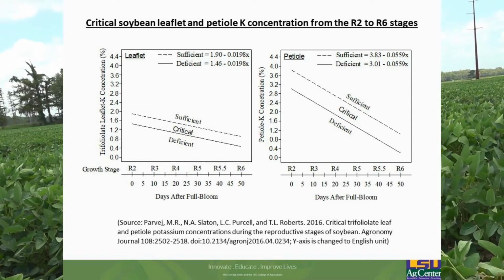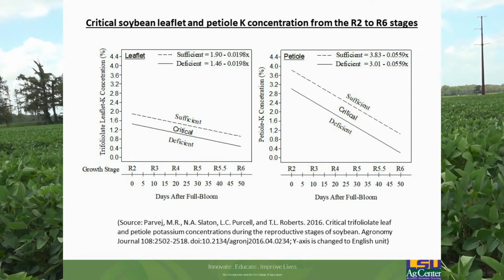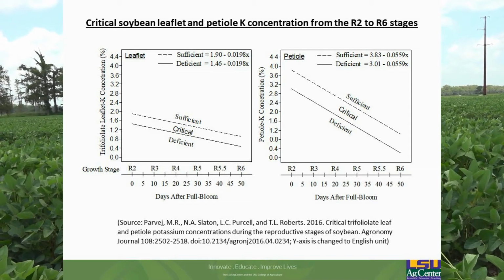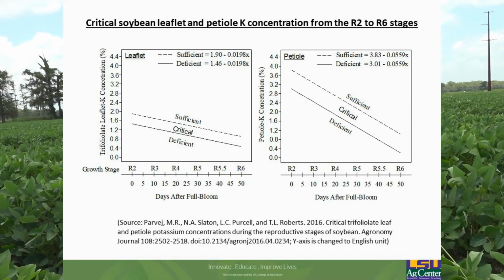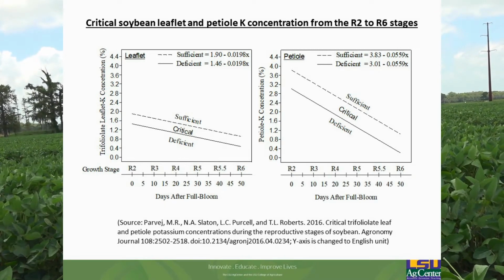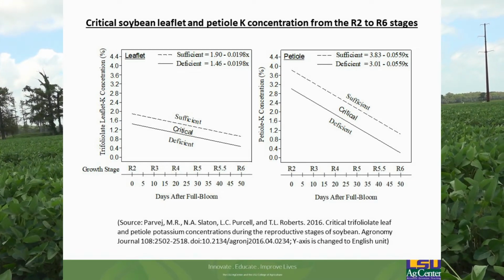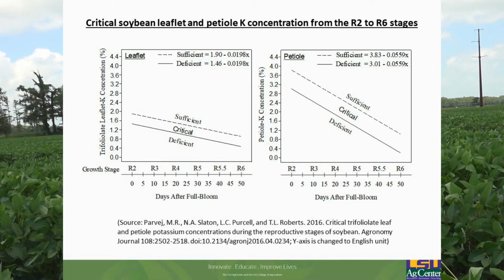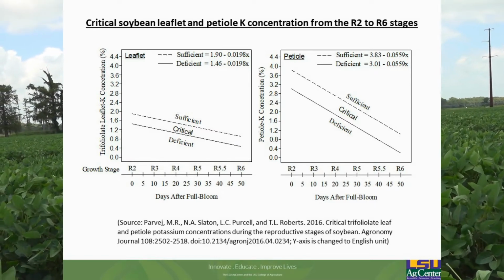For maximum soybean growth and development, you have to have the potassium concentration above the critical level. If it falls below, you have to apply potassium to correct the deficiency and make sure potassium is not limiting your soybean yield.